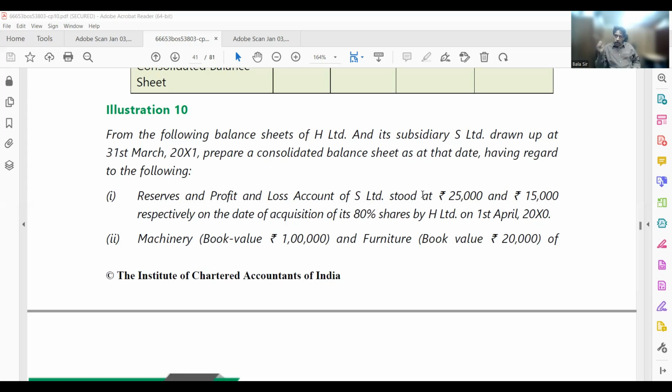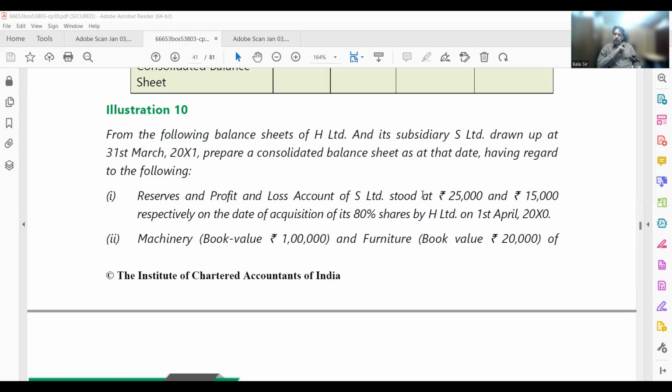In step number 2, if you recall, we analyze the reserves and surplus of the subsidiary company into pre and post-acquisition. I bought 80% of your shares, which means right now you are holding only 20% in the company. So I bought 80% of your shares on 1st April 20X0 at the start of the year, and all the 12 months in the current year will be post-acquisition period.